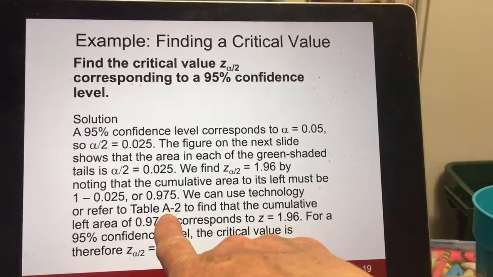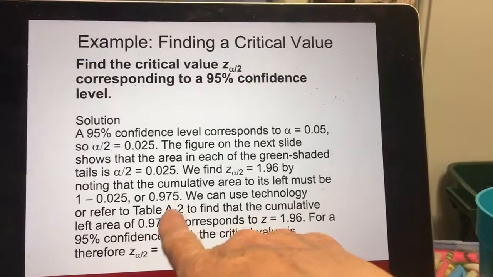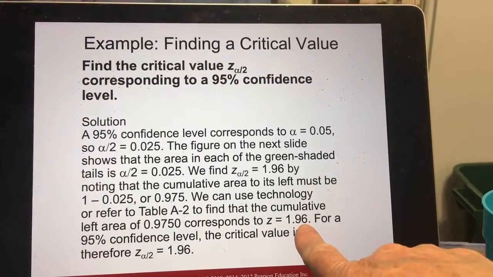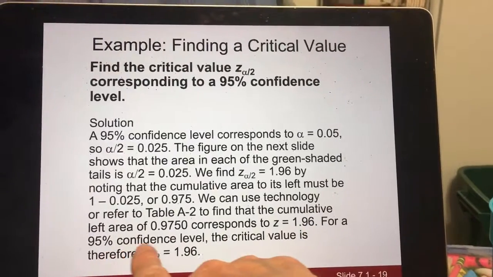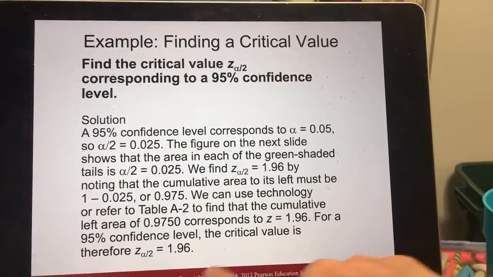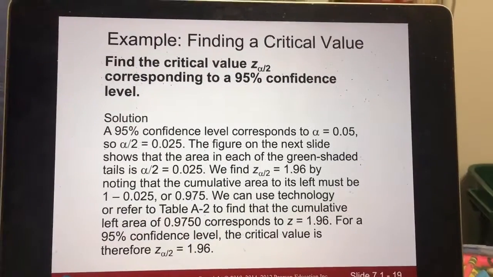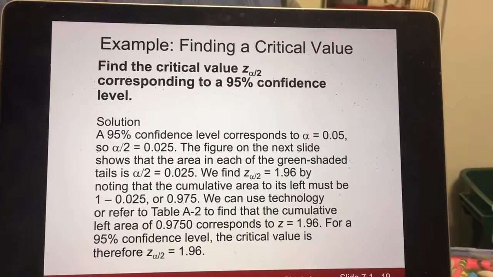Or we could put the 0.975 into our inverse normal to get out 1.96. For a 95% confidence level, the critical value is therefore 1.96. Okay, so let's play with that for just a minute.